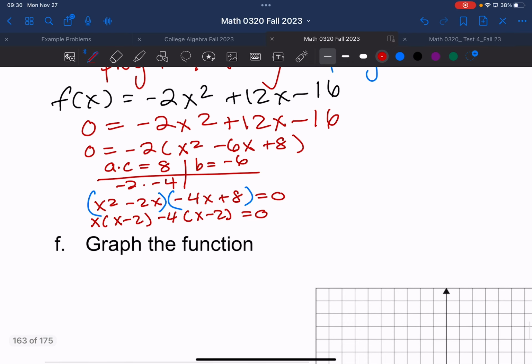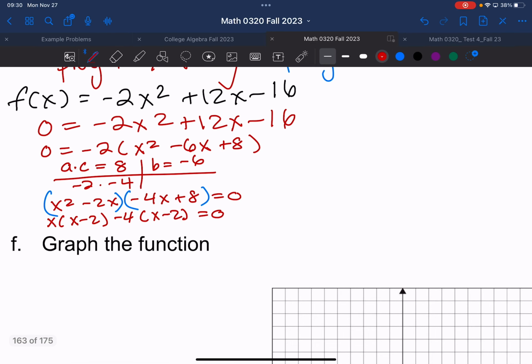So that means my factors are x minus 2 and x minus 4 equals 0. But I can't forget about the GCF, and what was my GCF? Negative 2, I put that in the front.